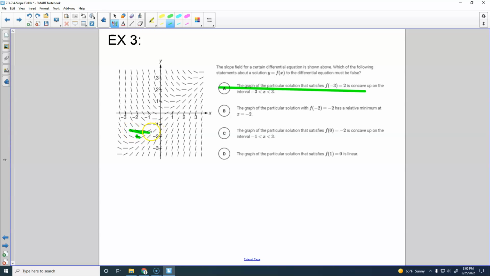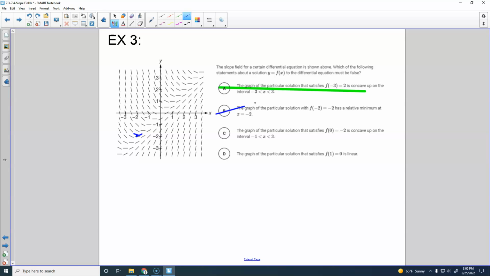I'm going to switch to a pen instead of the highlighter. It looks like I've got that horizontal tangent line somewhere around there. So it looks like it's probably going to have a minimum at that point. So probably not B either. If it was negative 2 or positive 2, it would have been false.